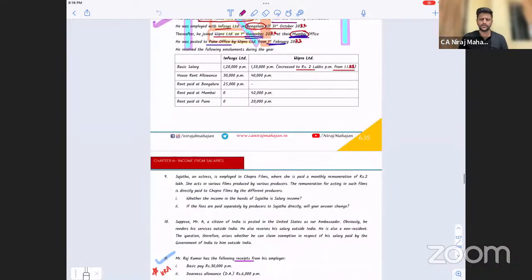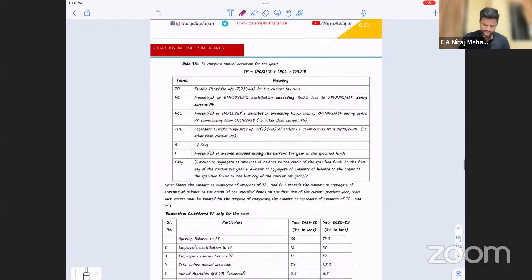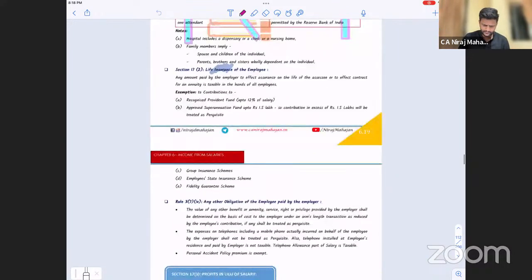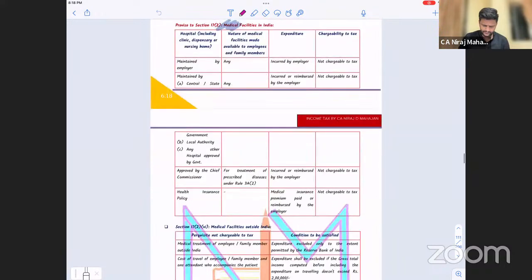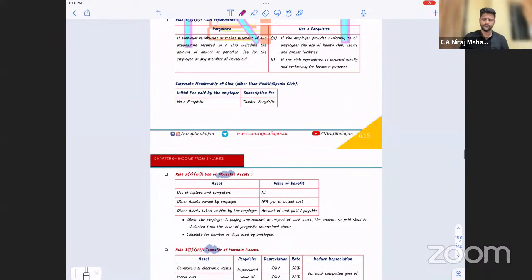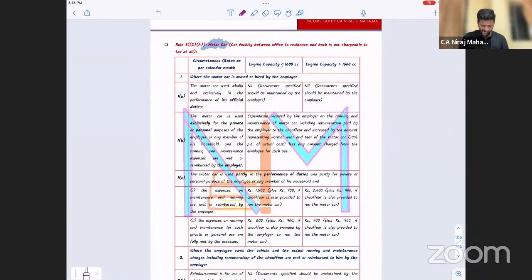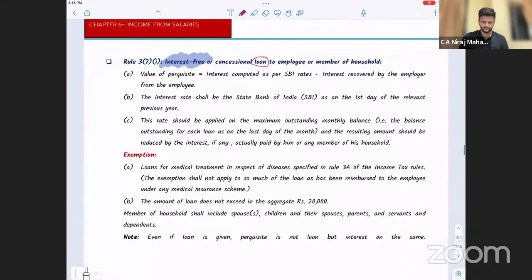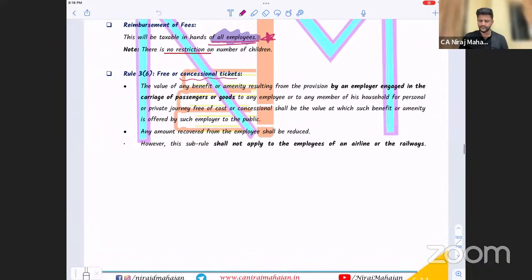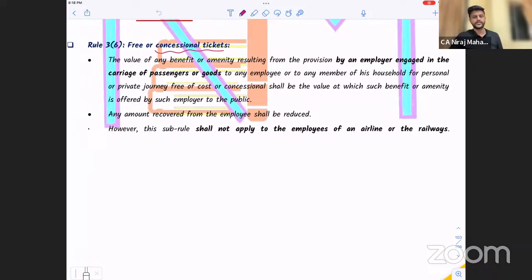Next is concessional tickets. Rule 3(6): concessional or free tickets.